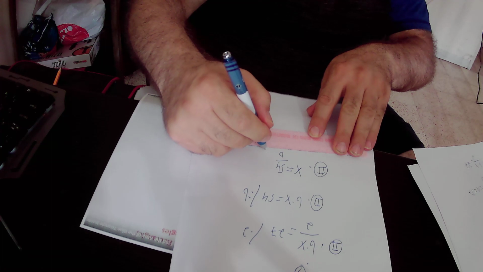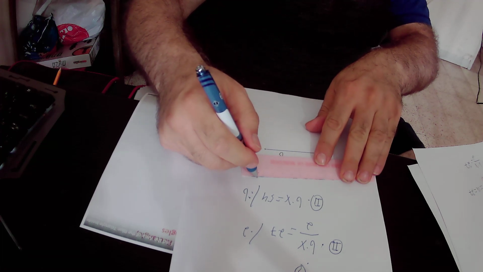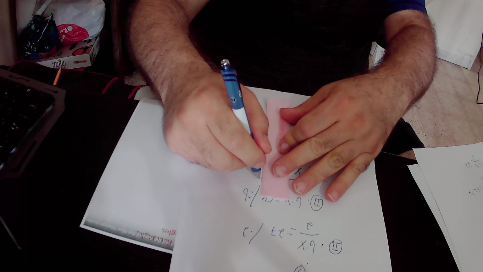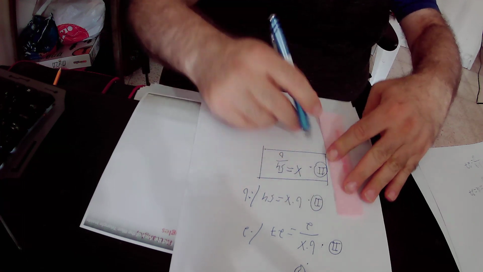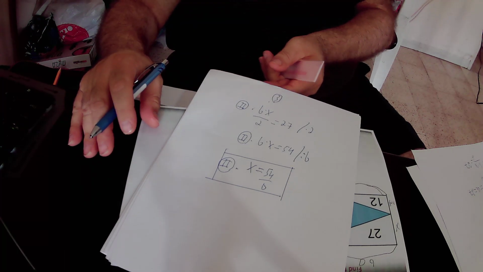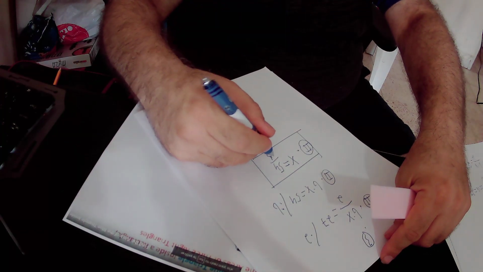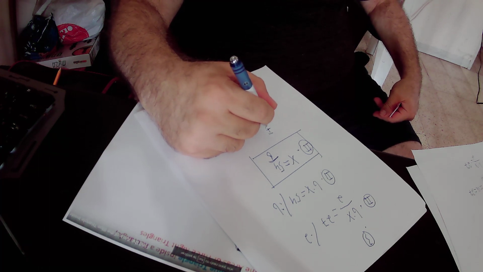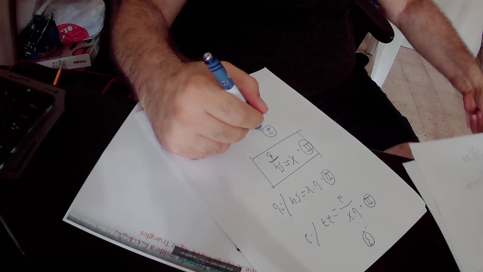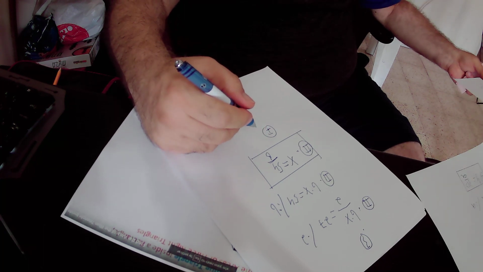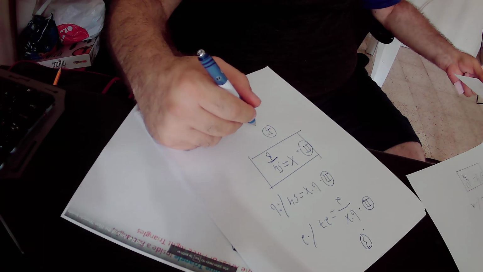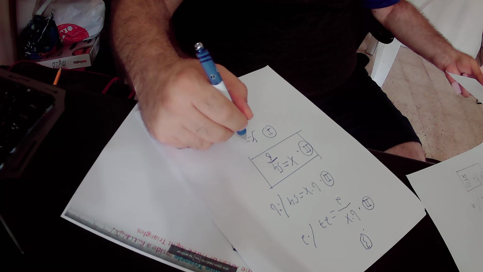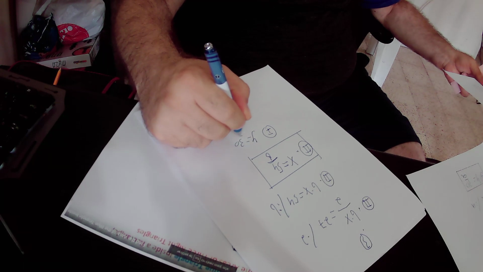Okay, so actually we took x out of the equation, and we got that x equals 54 over b. And in the first equation we also got that y equals 30 over a.